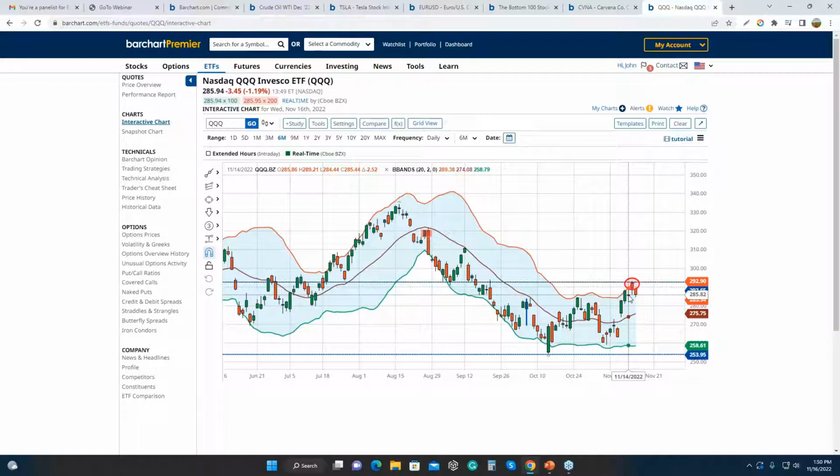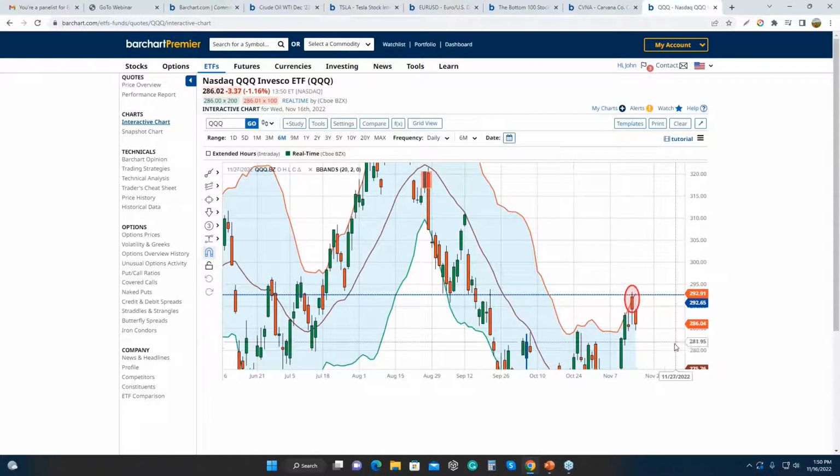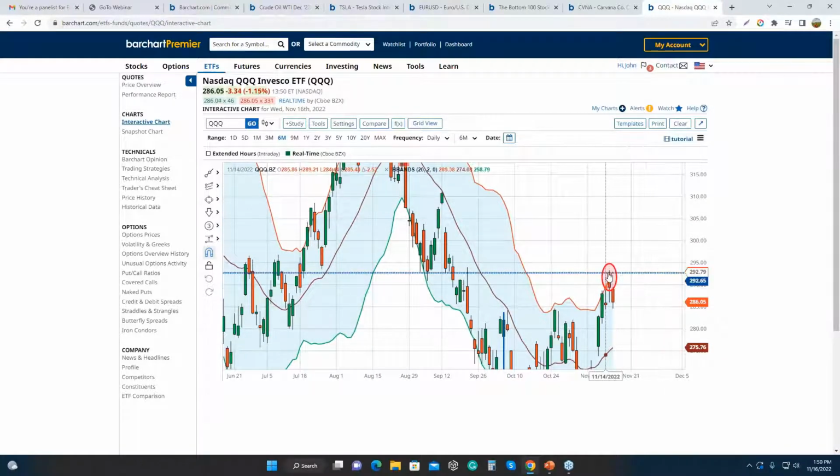So if we added about 8 to that, that would be around 293, 294. And where did price stop? Let me make this nice and big so we can see it. The high of this candle was 293.20.